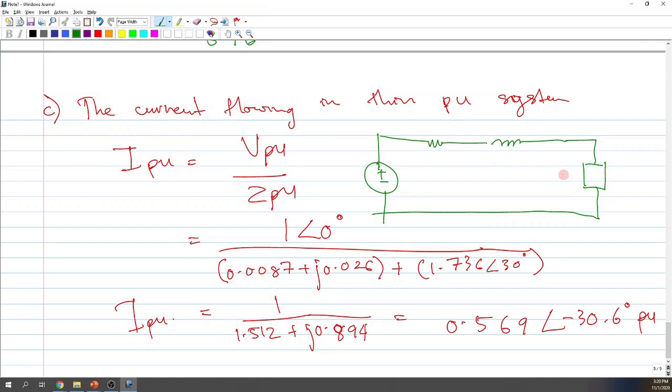So ni Z load. So this is J0.026, so this is 0.0087. Ni semua PU. PU ini tadi adalah 1.736 angle 30. Okay, so ini adalah 1 tadi lah, 1 angle 0.